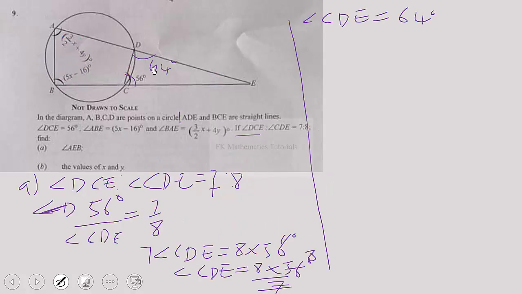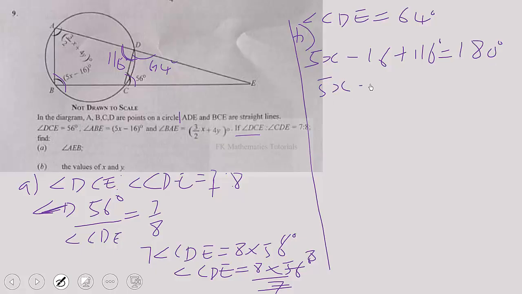So since this and this are on a straight line, this will be 180 minus 64, which is 116 degrees. Now we know that this angle and this angle are opposite angles of a cyclic quadrilateral. So 5x minus 16 plus 116 degrees is supposed to be equal to 180 degrees.